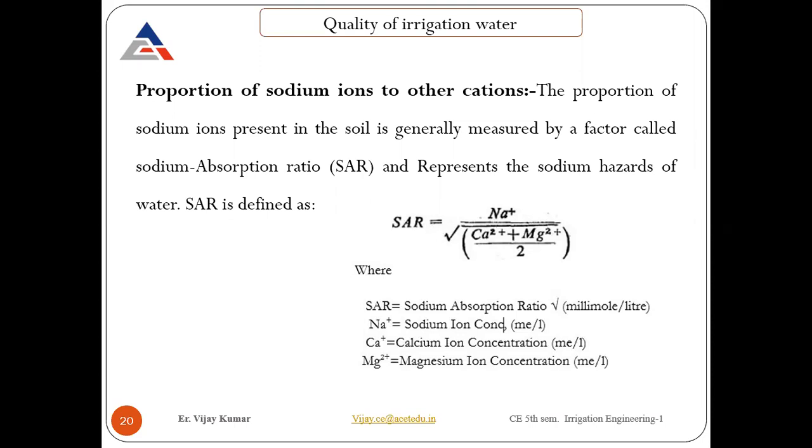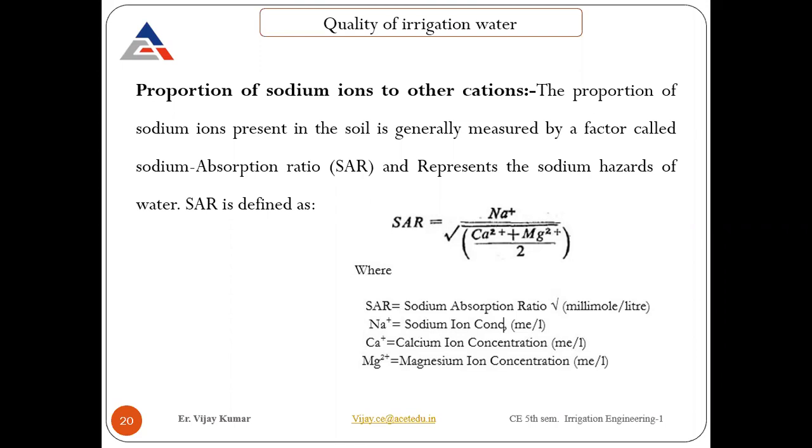So from there, again there are different classes. If the SAR number is in category 1, 2, 3, 4, according to the value we get, we can divide into those classes. SAR is in millimole per liter, with sodium ion concentration in millimole per liter, and likewise we have the values for calcium and magnesium. Again, on this particular point, many questions are generally asked, or have already been asked, in the GATE exams also.